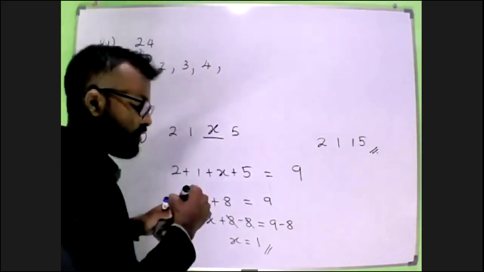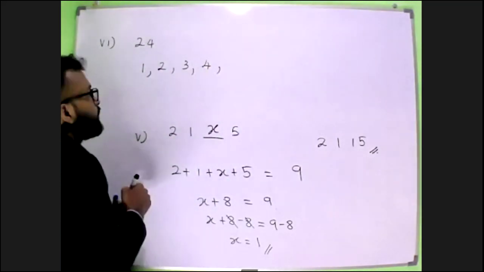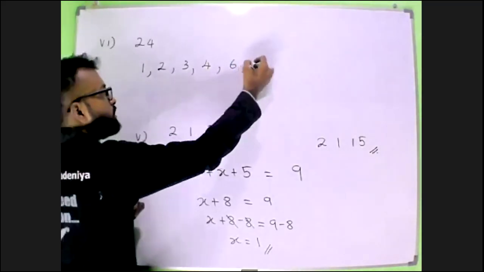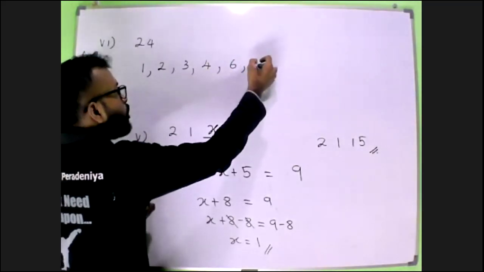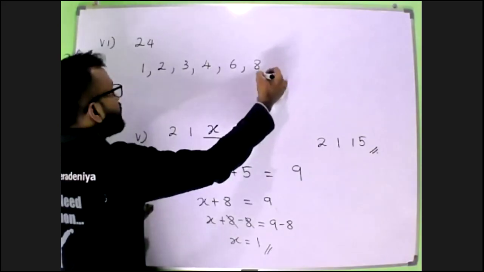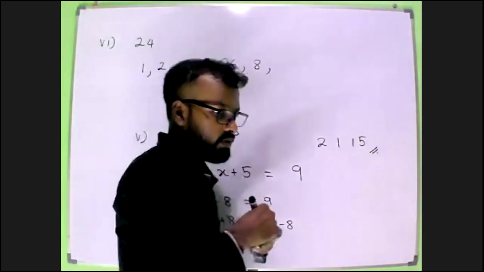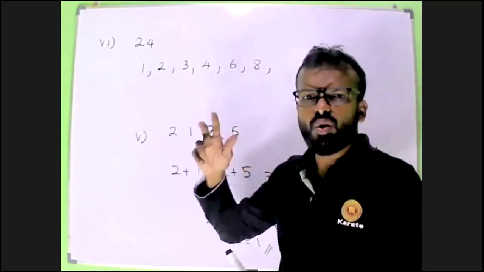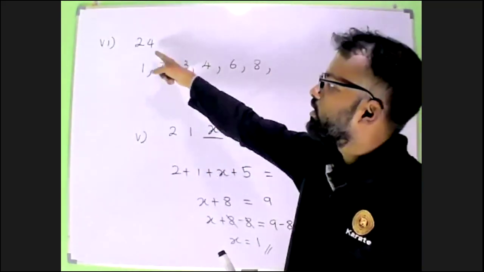By 5? No. By 6? Yes. By 7? No. By 8? Yes. Then 9, 10, 11, no. Can it divide by 12?